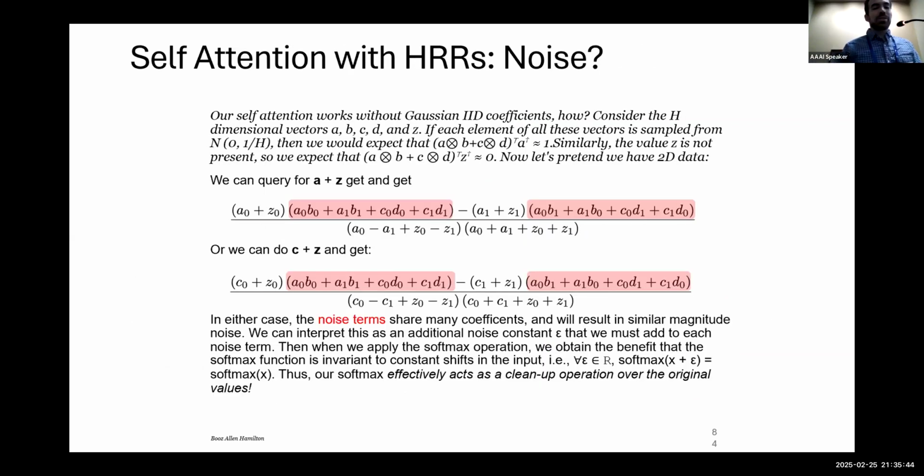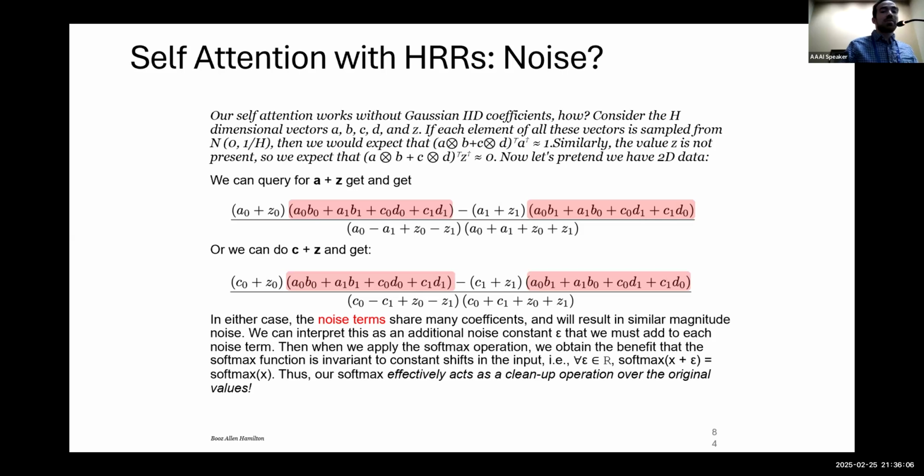Well, when we write out what's happening, we end up with two noise terms that, regardless of what you're querying, are of approximately the same magnitude. And the softmax is a function that is invariant to transformations by a constant value.